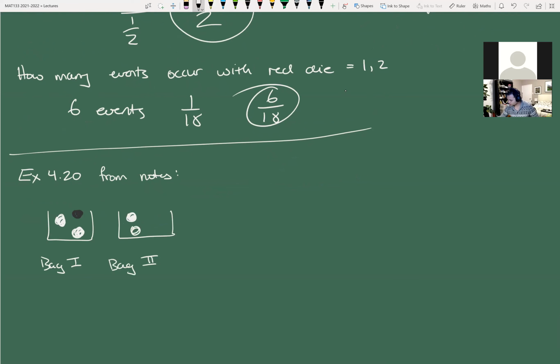You select a bag at random and you choose a ball from the bag. The ball is then placed in the other bag and a new ball is chosen from the bag. What's the probability the ball is white?